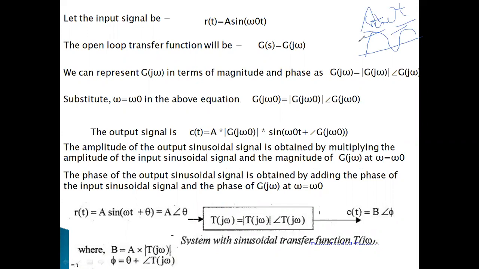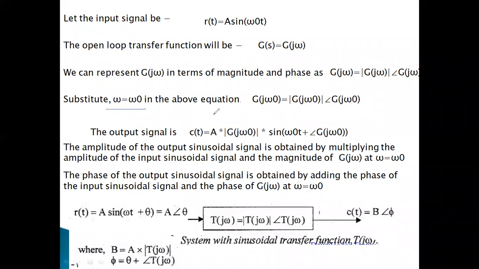This can be written as A sine of omega t plus phi, represented by A at an angle of phi, where A is the magnitude and phi is the phase angle.